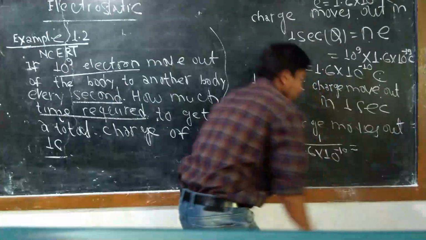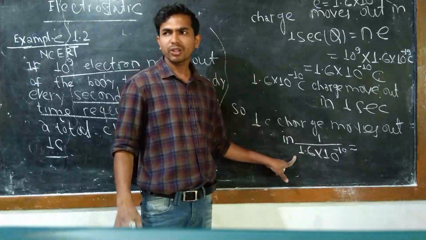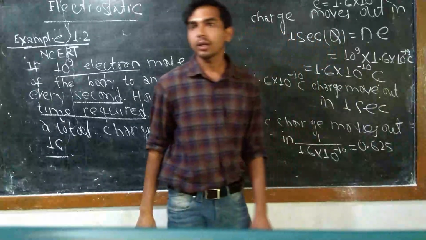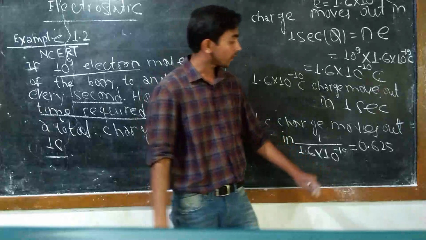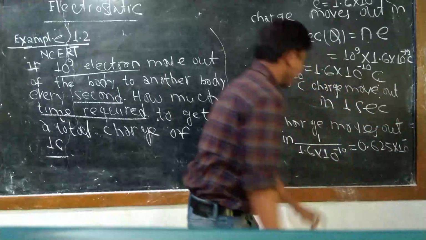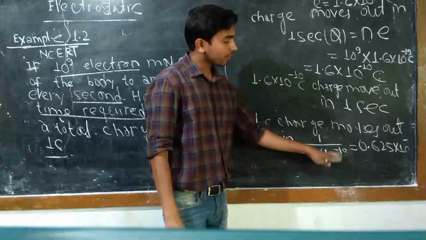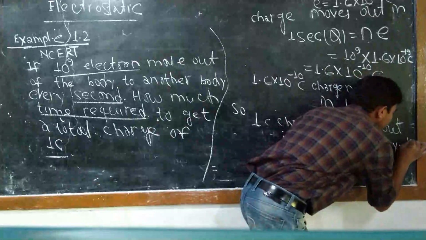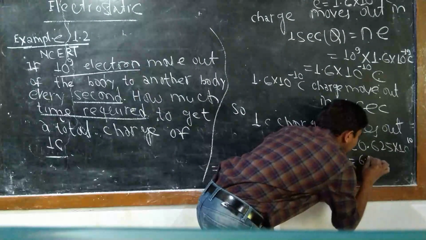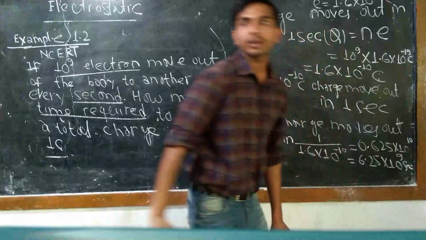If you solve this, 1 by 1.6 comes to about 0.625, into 10 to the power minus, and if I take this upside, it becomes plus, so 10 to the power 10. This is further written as 6.25 into 10 to the power 9 seconds. This is your answer.